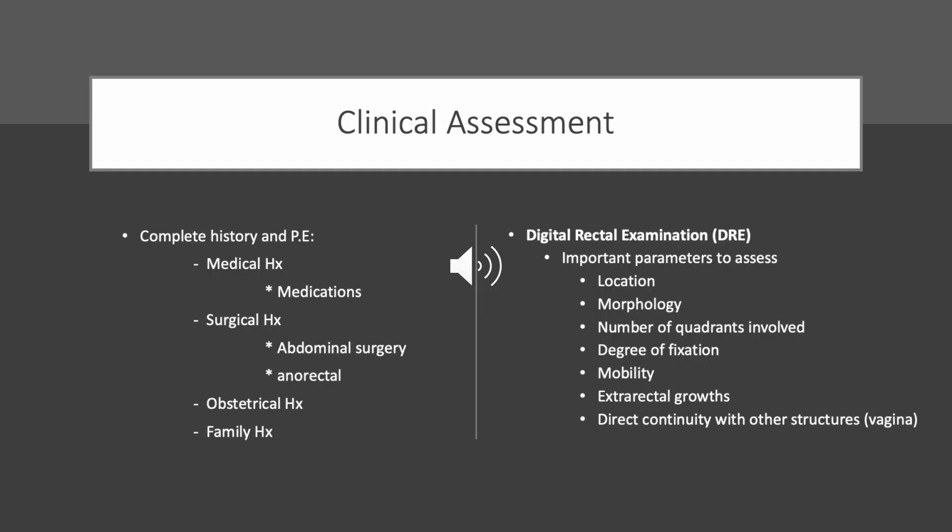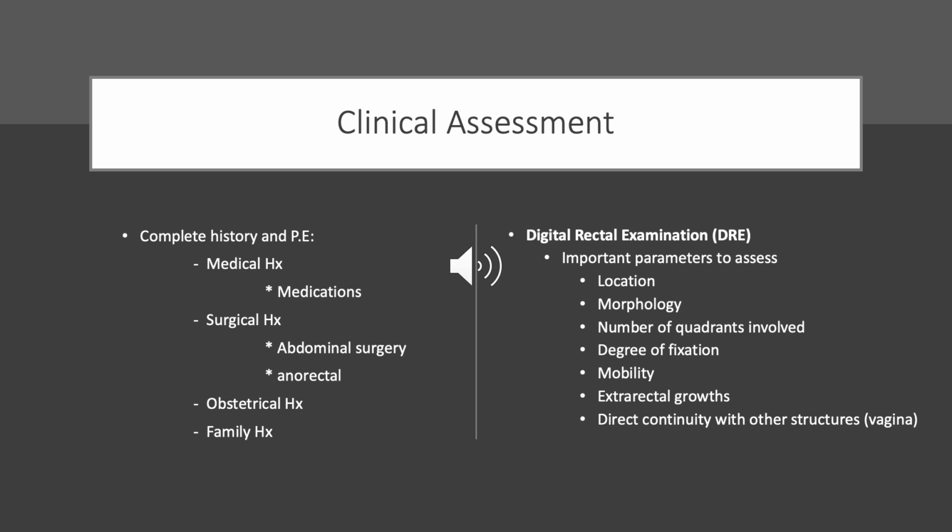In the clinical evaluation of patients with GI problems, obtaining a complete history and performing a physical examination are the starting points for evaluating any patient with suspected disease of the colon, rectum, or anus. Special attention should be paid to the patient's past medical history, the current medications the patient is taking, and surgical history to detect underlying conditions that might contribute to the GI problem.